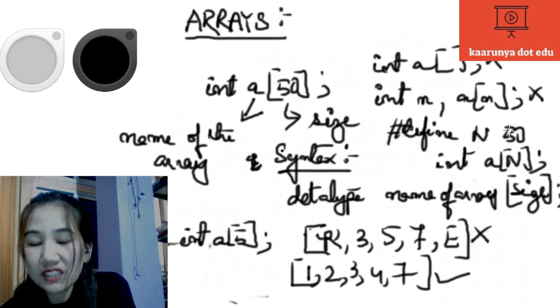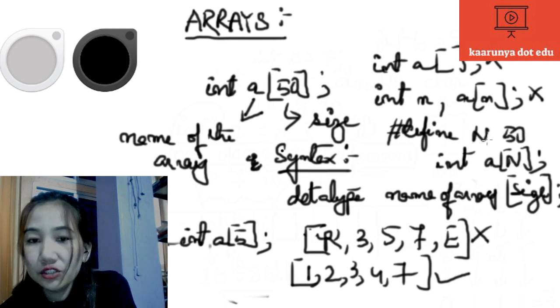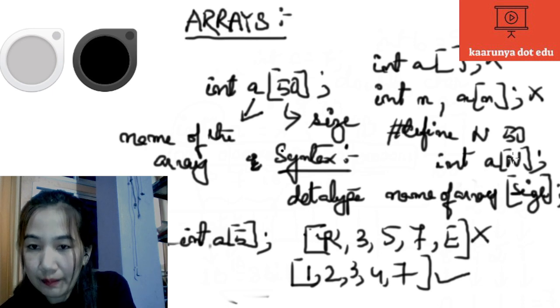The value of n will remain 50 throughout your program. In one way or the other, we can say this is also a constant. So we can use macros, but you cannot use a simple n unless it is a macro. So inside the size you are allowed to write only a constant value.